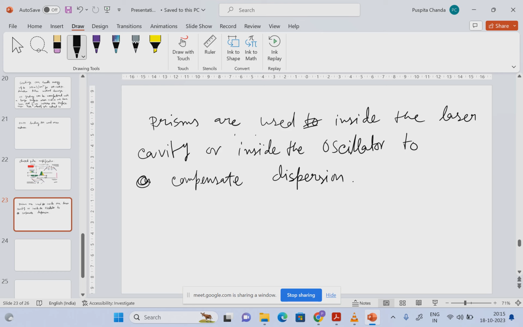Then it goes to the structure that I have already said.